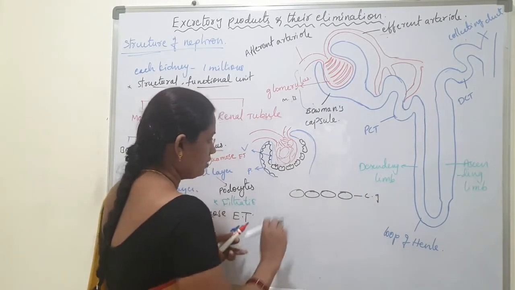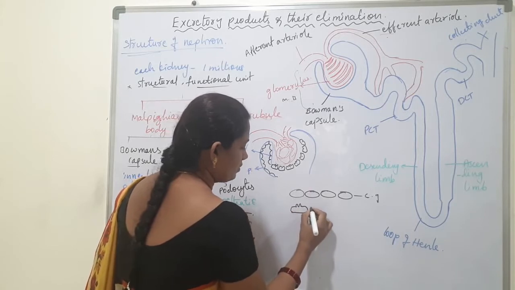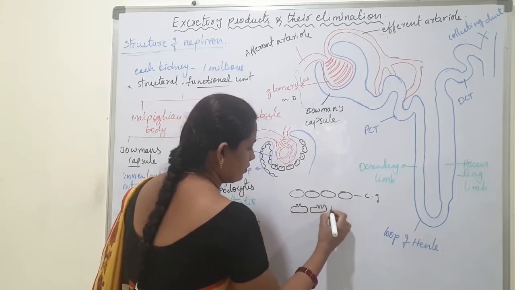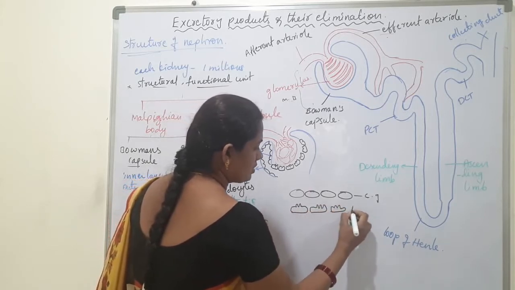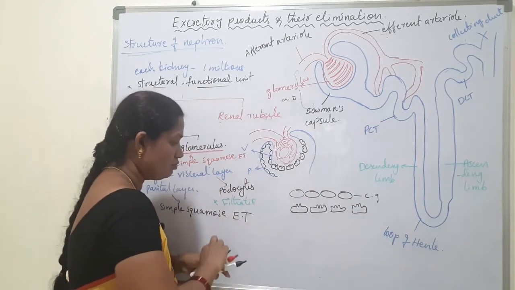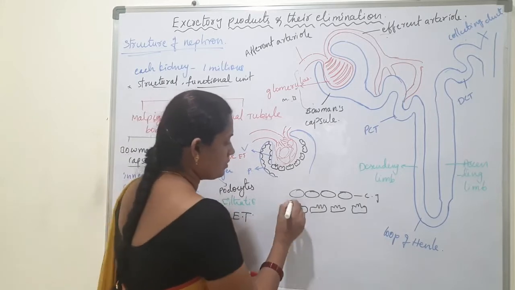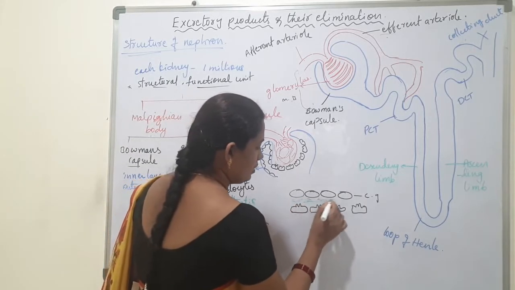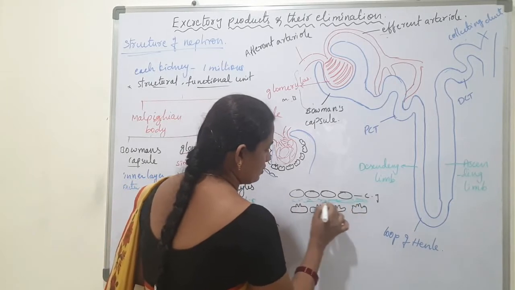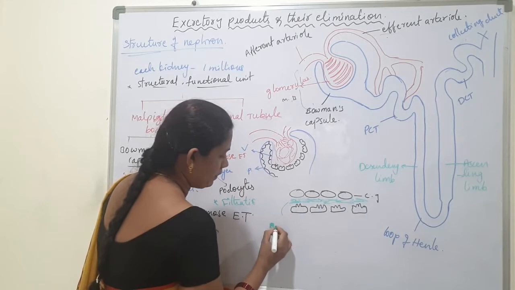Next, the podocytes are the cells of Bowman's capsule. In between these two layers, a gap is present, and in this gap the basement membrane is present.